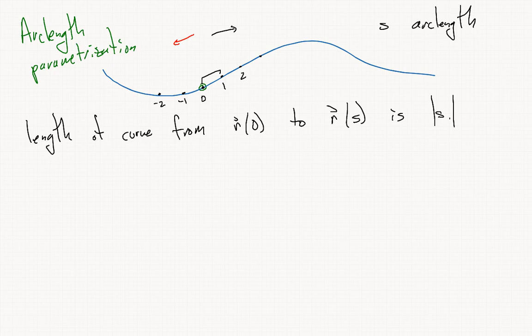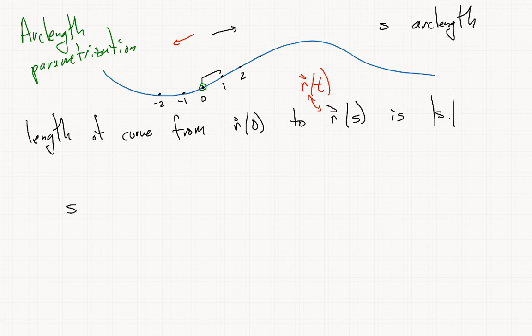So s, arc length, how do we calculate that? Well, basically just from our definitions already. So if we start out with this curve given to us as r of t instead of r of s, so now t is just any parametrization of this, and s is the arc length. So maybe the notation r of t and r of s, really these are going to be different vector functions, I guess.